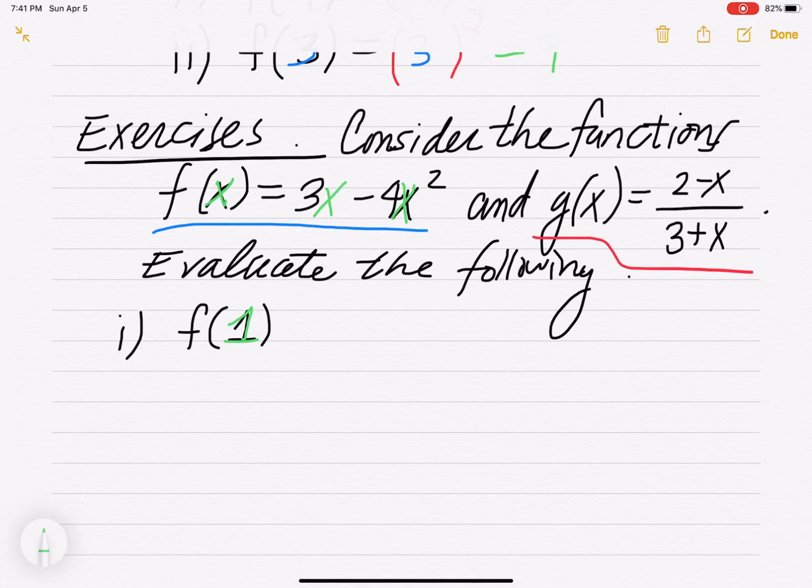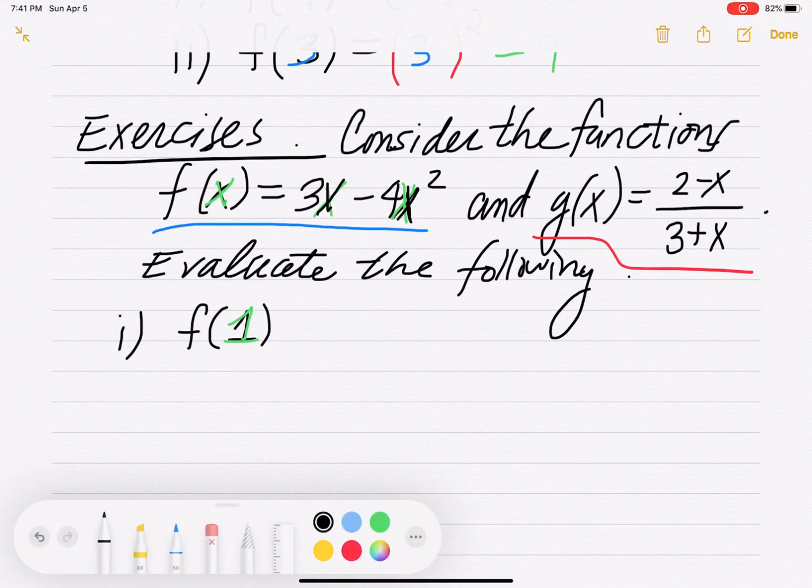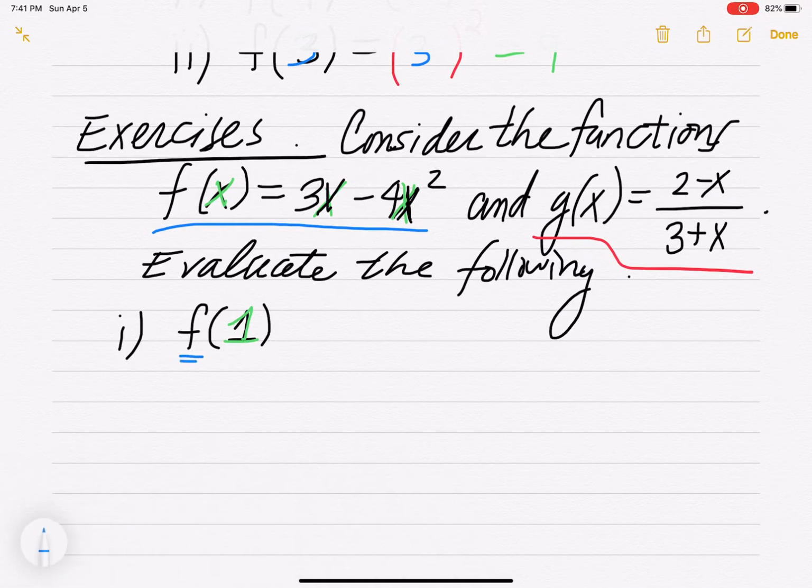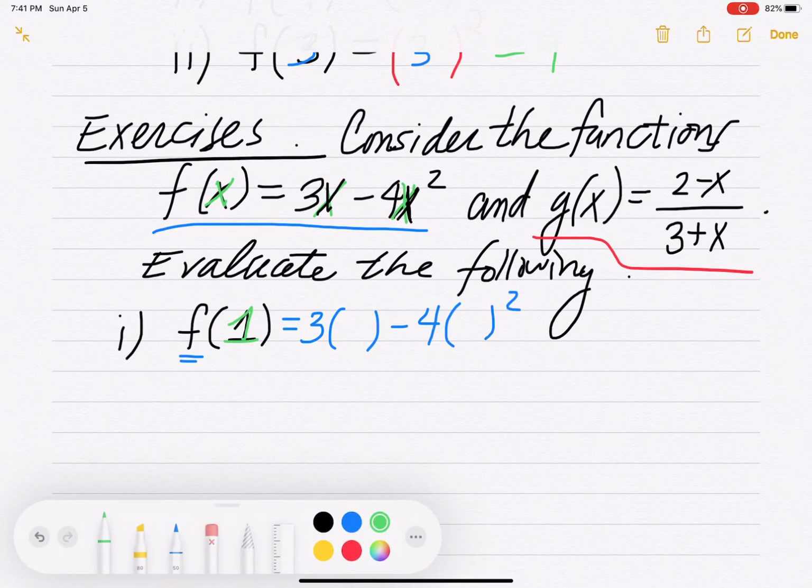So we had 3x minus 4x squared. I'm going to plug a 1 in for x. I'm dealing with a blue situation, so I'm going to do 3 times blank minus 4 times blank squared. In place of the x, I'm going to put a green 1.